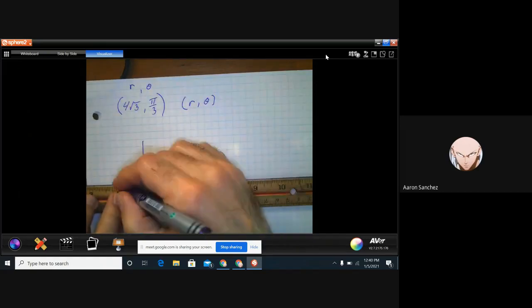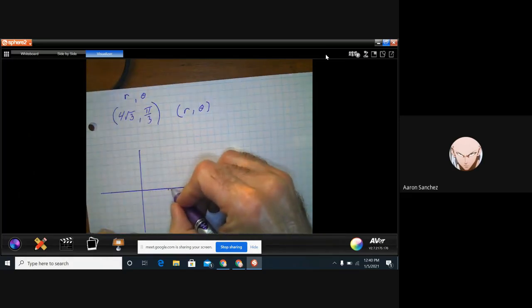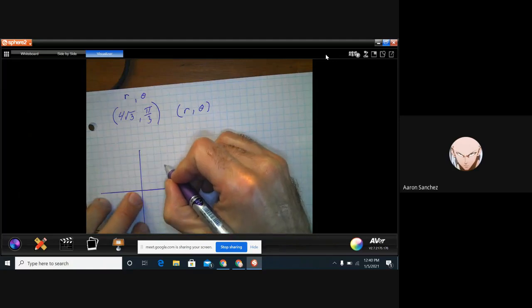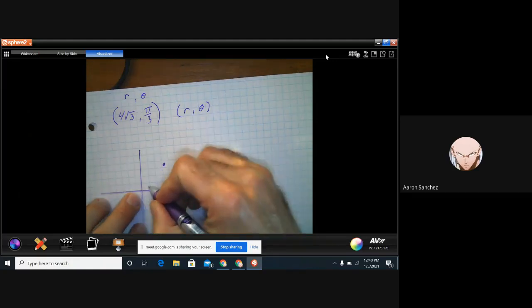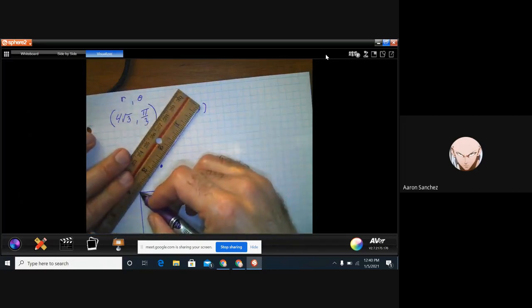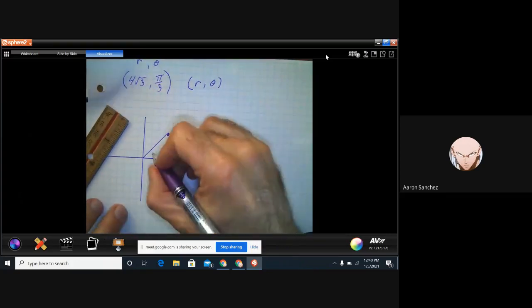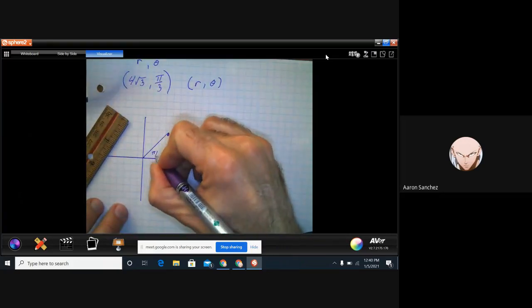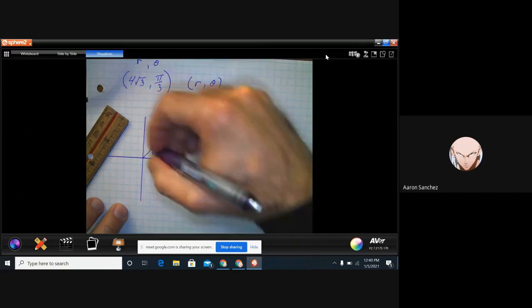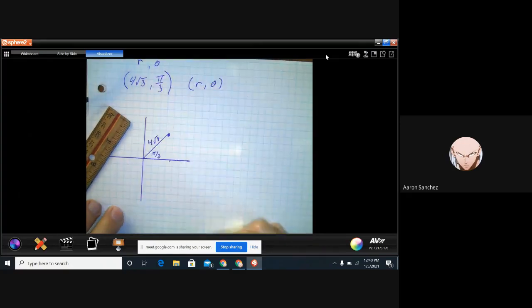So somewhere 4 root 3 will be like 1, 2, 3, 4 root 3, somewhere out here. And then pi over 3 is here. So best as I can, the coordinate will be like right about there. You guys see this? So my angle is pi over 3, and my radius is 4 root 3, right? If this was a circle, that's what it's going to look like.